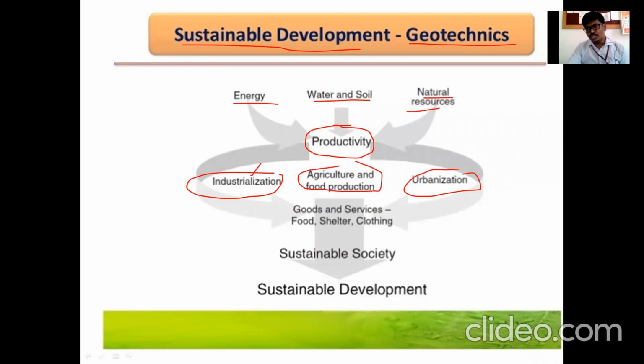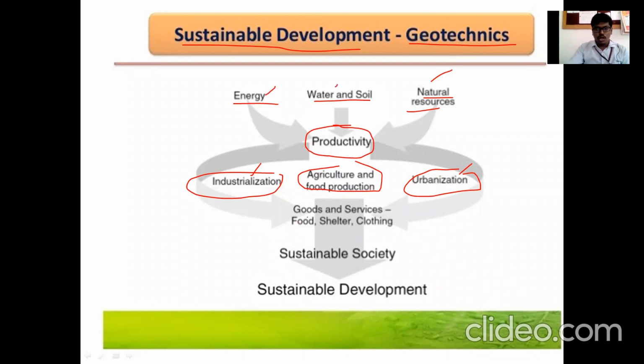Agriculture and food production follow, and urbanization is the movement of people from rural areas or villages to urban areas. Because of this industrialization and urbanization, there is more usage of natural resources, like fossil fuels, sunlight, wind, which are utilized in some way, and energy is applied, and we may make use of water also, right?